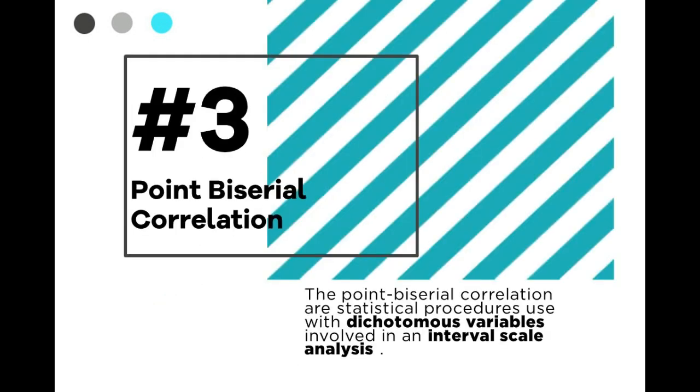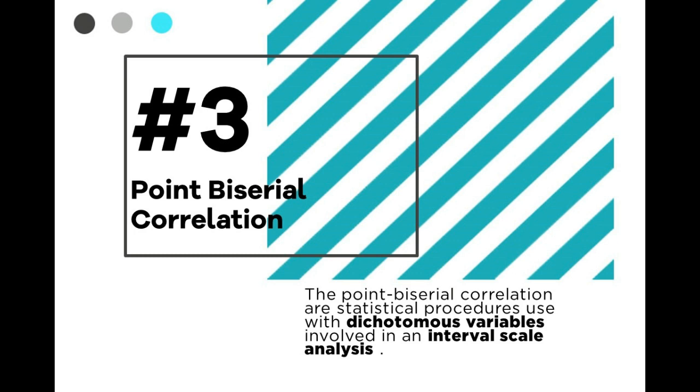Next, we have point-biserial correlation. So the point-biserial correlation are statistical procedures used with dichotomous variable. So what do you mean by dichotomous variable? Dichotomous means dalawa lang yung pwedeng maging result niya. So for example, we have sex, male or female, or truth value, true or false, yes or no. So yun yung tatawag nating dichotomous variables involved in an interval scale analysis.